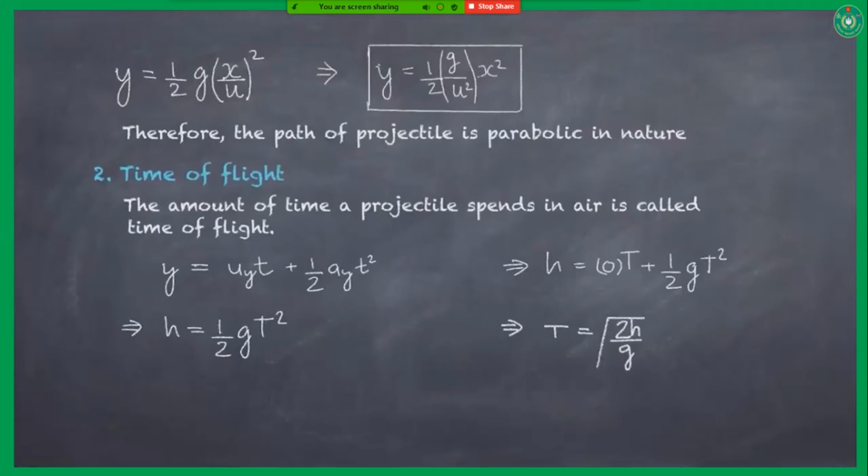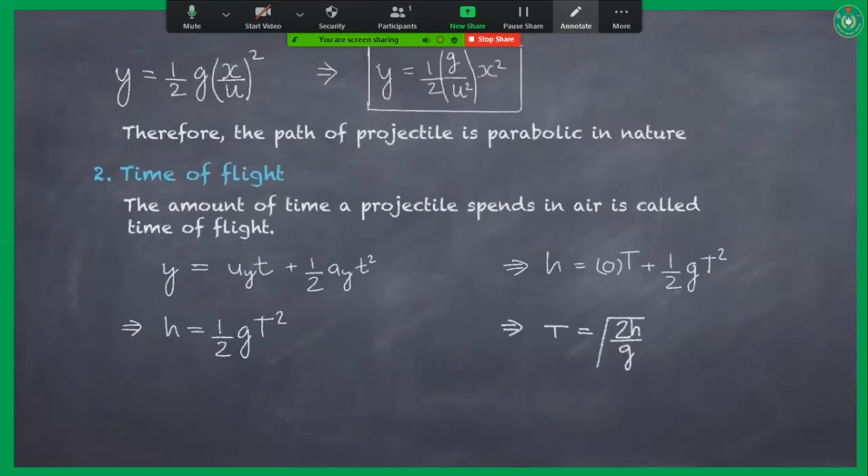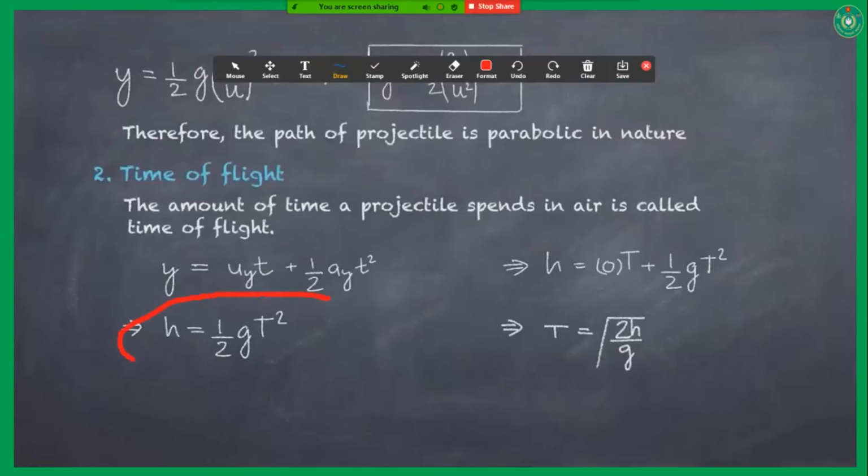From this equation I very easily get capital T is equal to root over 2h divided by g. Boys, it is very similar to the equation of a falling body, h is equal to half gt square.